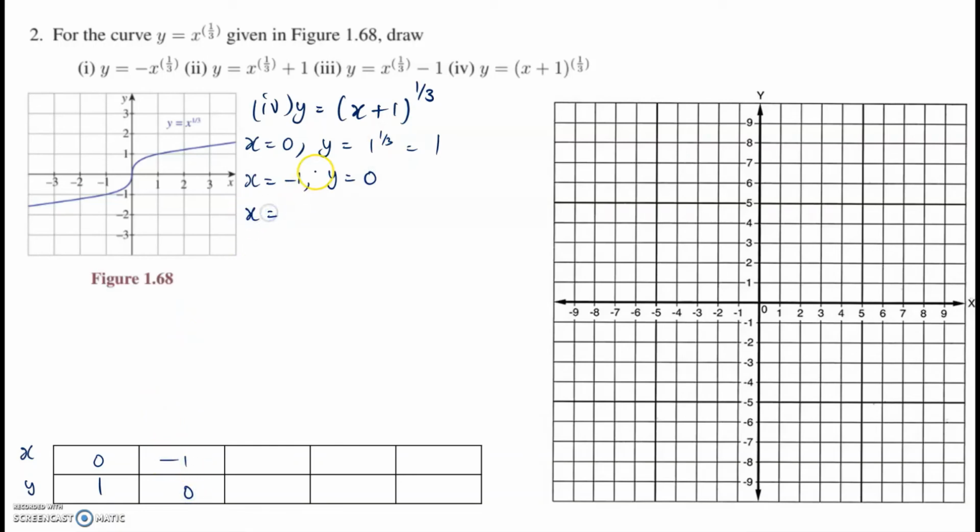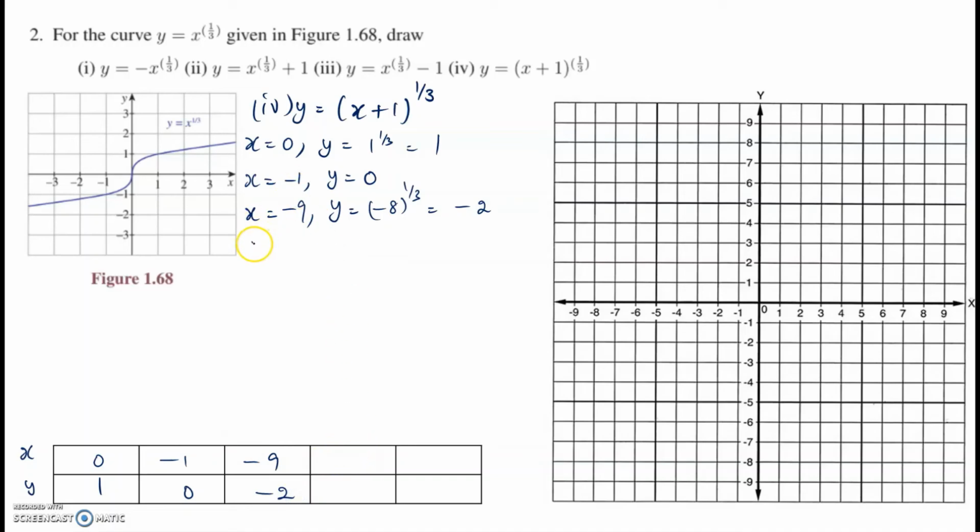Then we need to get an 8 here. Let's go for the negative number first. So minus 8. To get a minus 8, this should be a minus 9. Minus 9. Then y will be equal to minus 8 to the power 1 by 3. That will be minus 2. So minus 9 and minus 2.